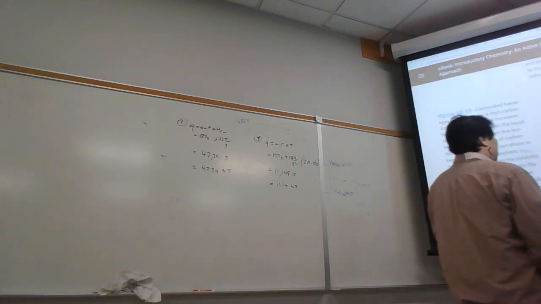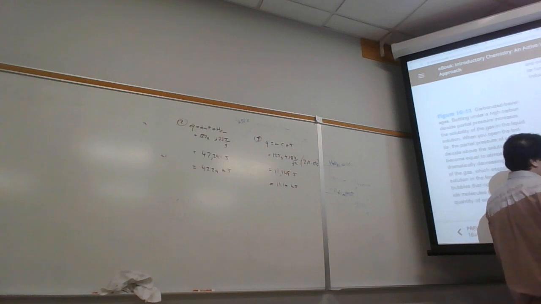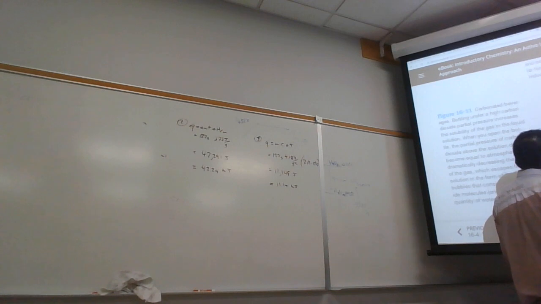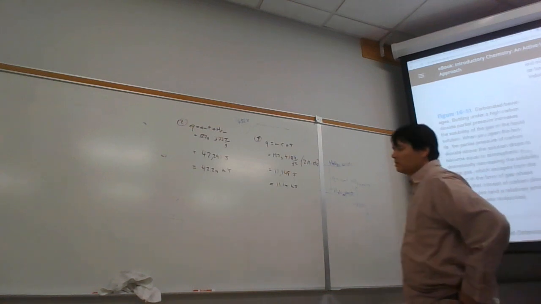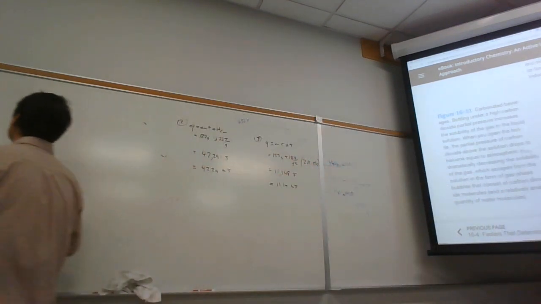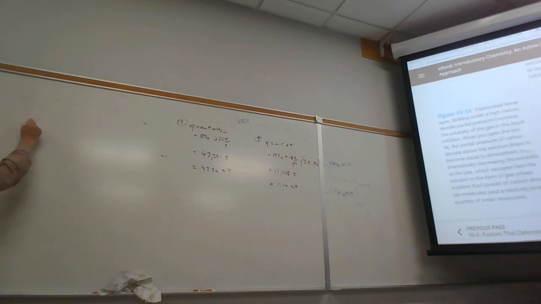This is an example of a gaseous solute. A gaseous solute would be CO2 in water. CO2 is not very soluble in water, but we can increase the solubility of CO2 in water by putting pure CO2 in here.